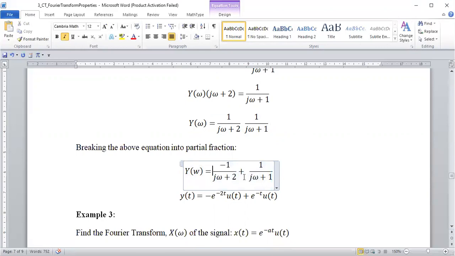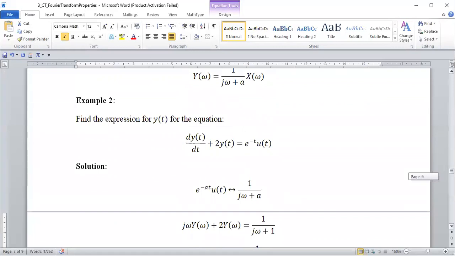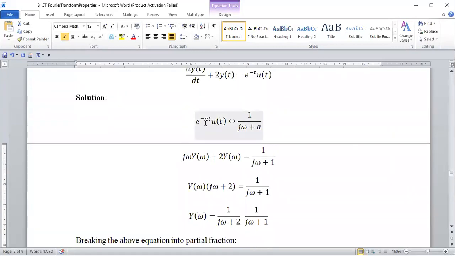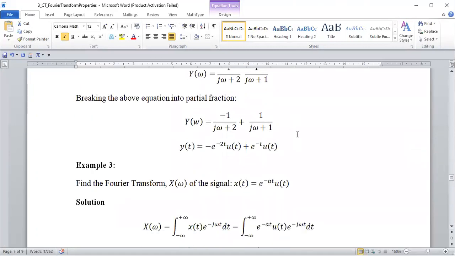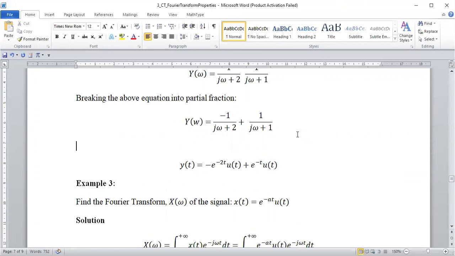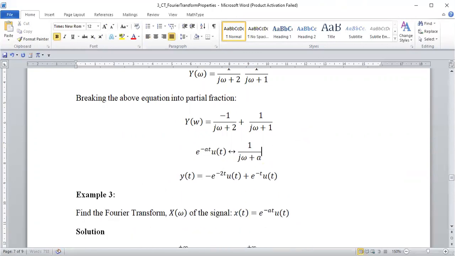When we break it down into partial fractions, we get this. Then we know that this form is easier to work on because we know that the Fourier transform of a signal of this form is given by this.